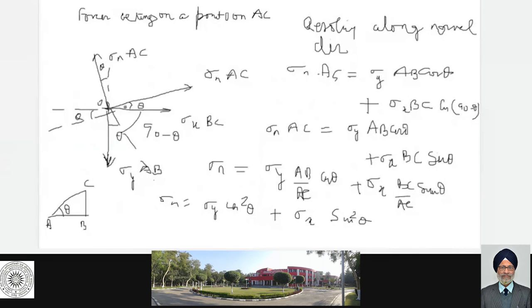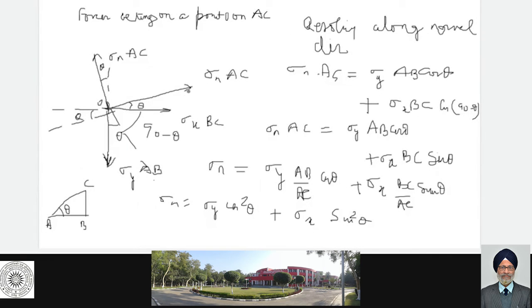resolving the forces parallel to AC. So along AC, you see along this direction, okay?